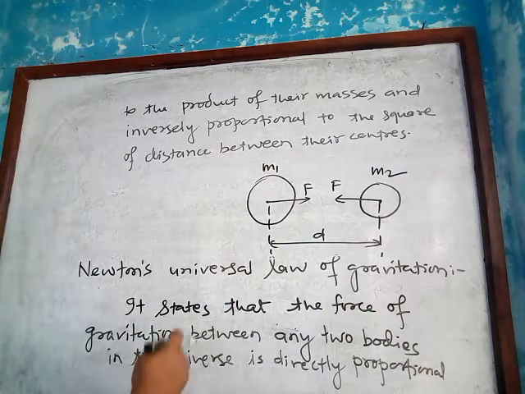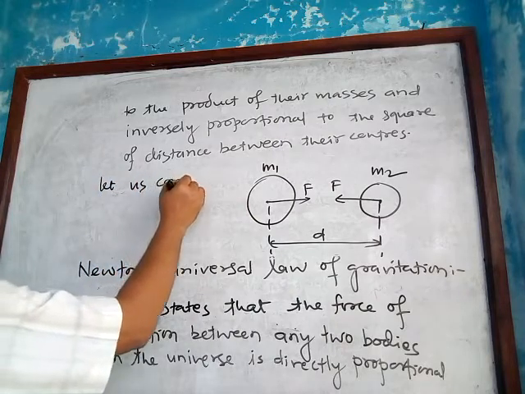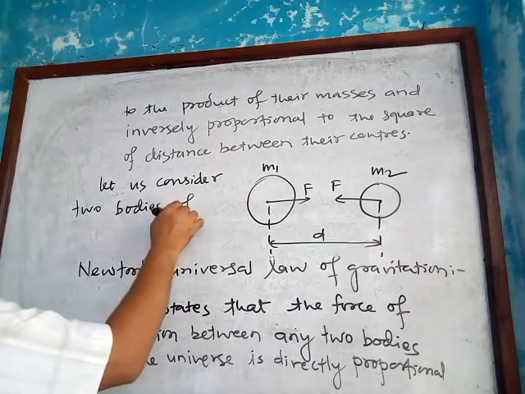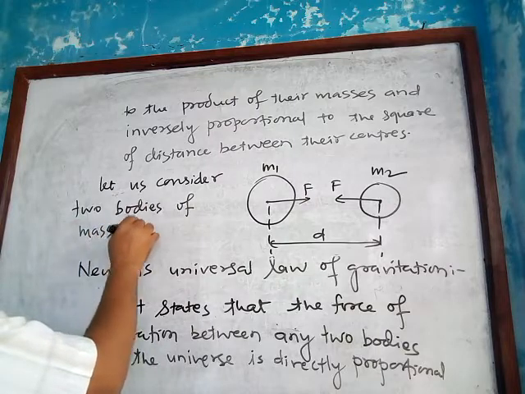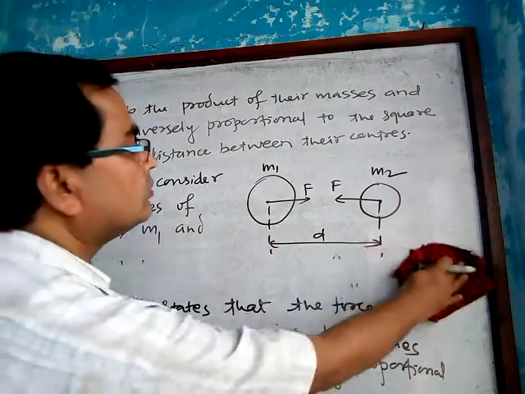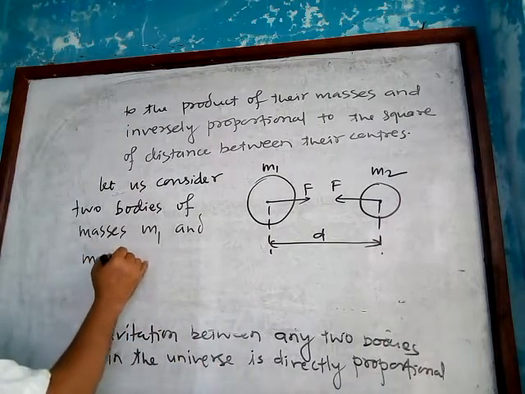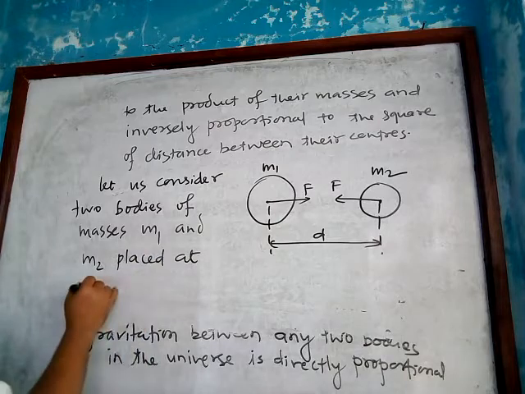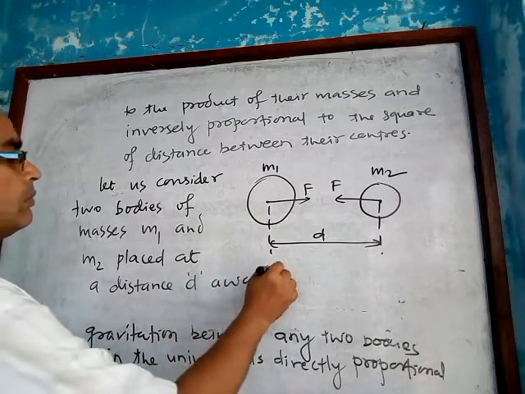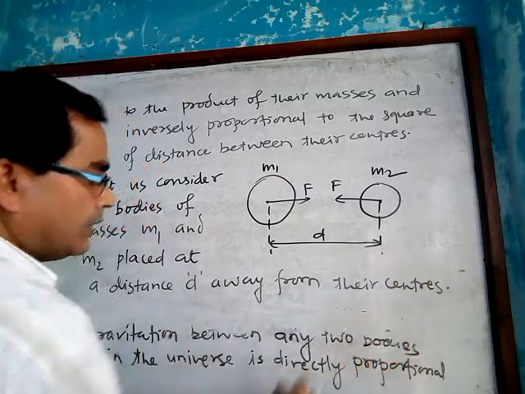Okay? According to the statement, let us consider two bodies of masses m1 and m2, placed at a distance d away from their centers.